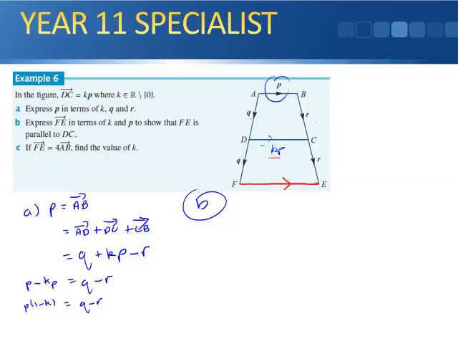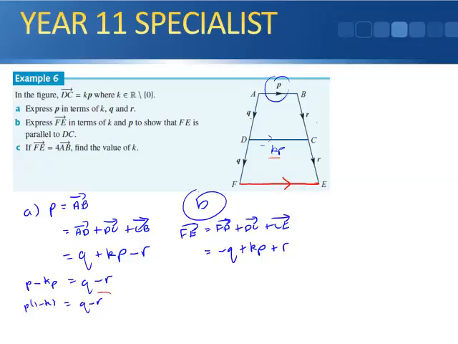F to E is the same as going from F to D, and then going from D to C, and then from C to E. I'm going to use that line. You can do it the other way and going all the way around. It doesn't really matter. So this is minus Q. D to C we know is KP. And C to E we know is R.